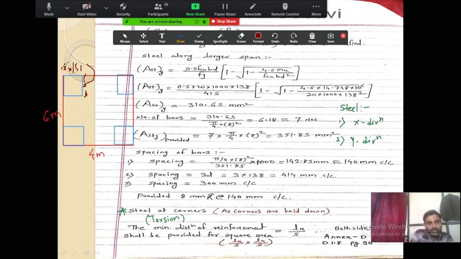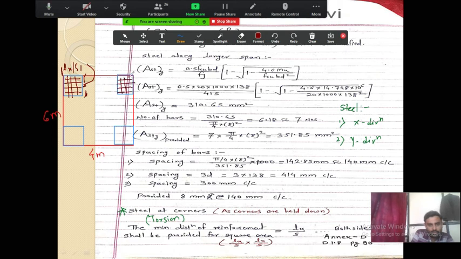Whatever your Lx, divide that Lx by 5, and that should be the length of this block. Extra bars are laid down, parallel to x and parallel to y. In this way the extra bars are laid down. Extra steel is provided over here.